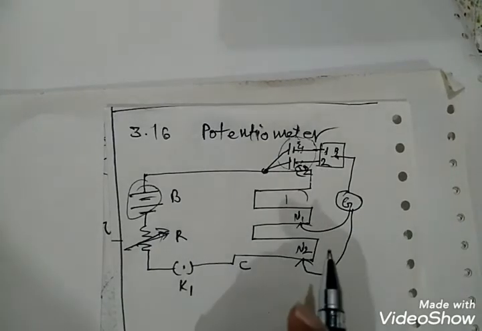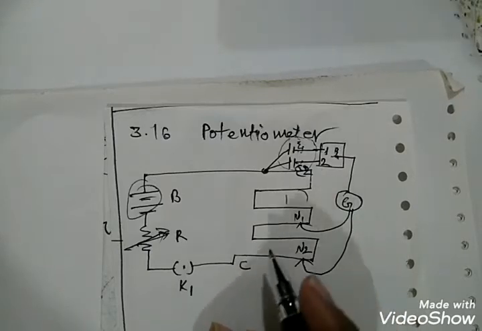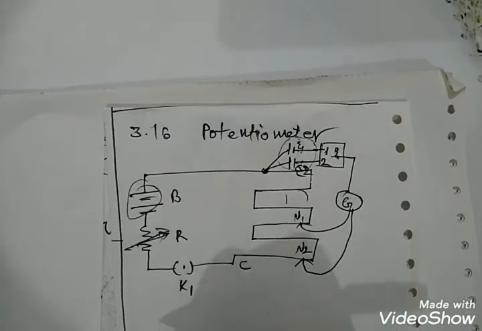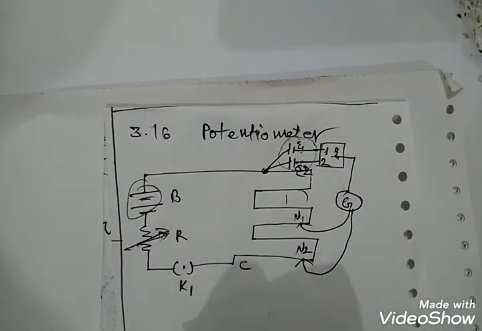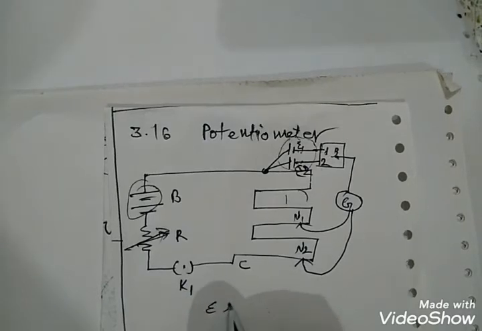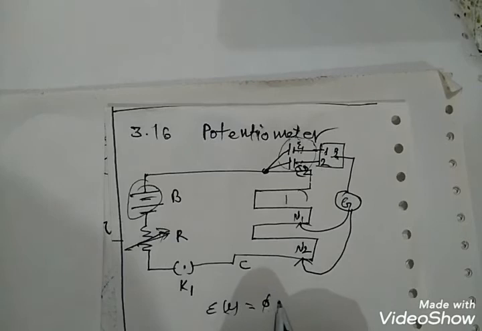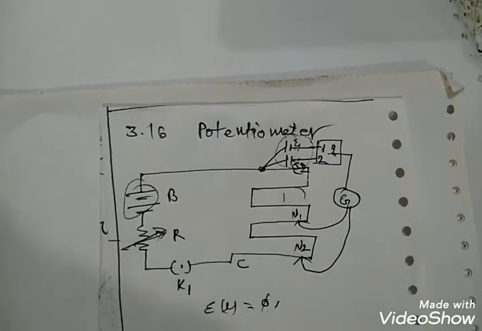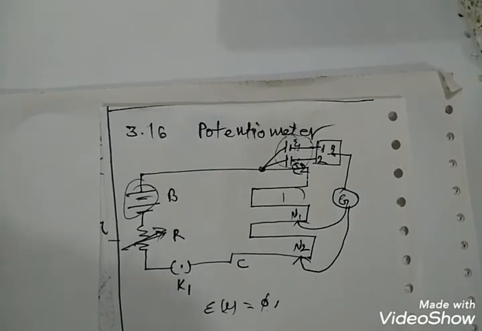Since the wire is uniform, the potential difference between A and any point at distance L from A is phi into L, where phi is the potential drop per unit length.